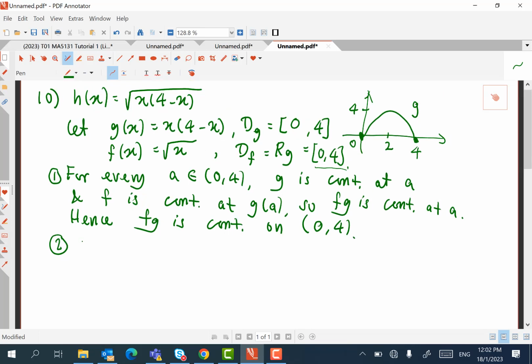Okay. Now at the endpoints, at x equals 0, we want to check this, no? The limit as x approaches 0 from the right. At the endpoints, we want to check whether or not this is true.